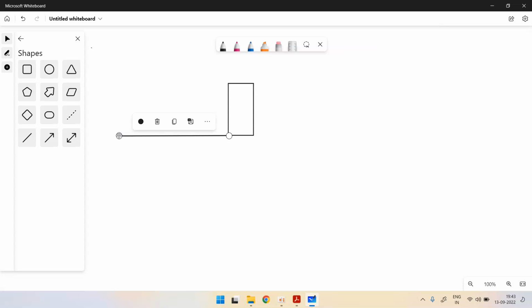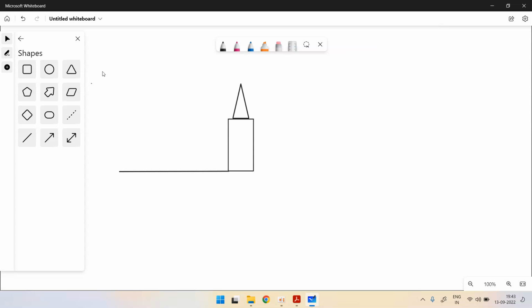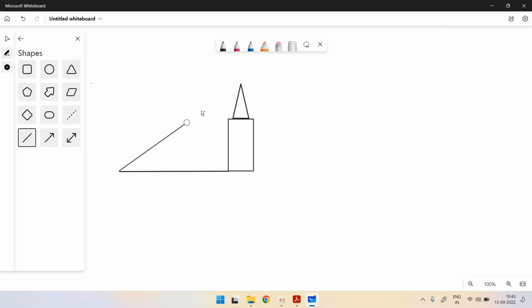There's some distance, and let's suppose it's a transmitter tower, so it can look like this. And if you join these two points, it looks like this.